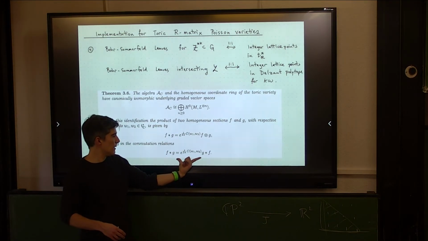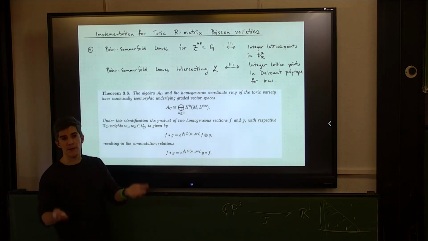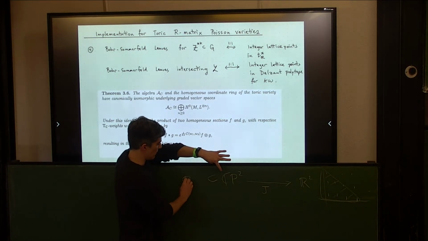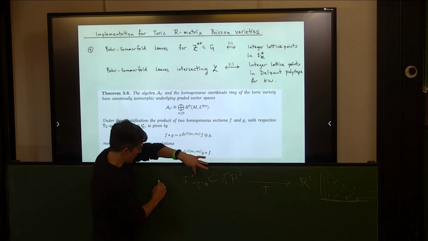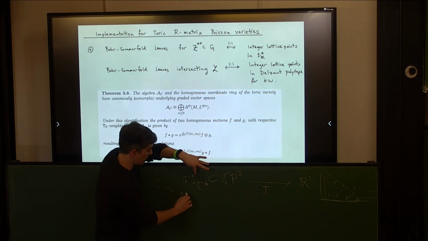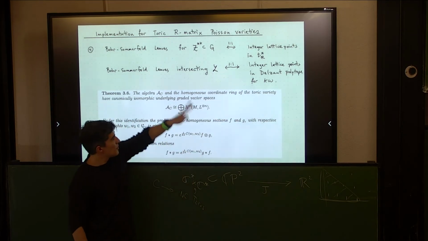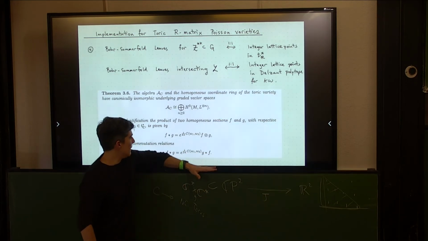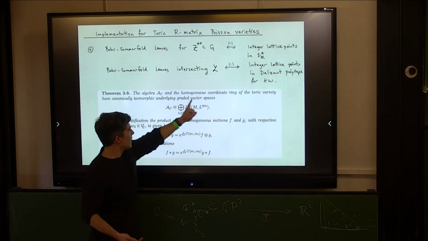So what does this look like? It looks like the non-commutative torus. It's just the non-commutative torus, but it's a compactification of it. The point is that CP2 is a toric variety. It contains a torus, C star and C star. The R matrix gives a non-commutative torus structure on C star cross C star, but this procedure compactifies this thing to CP2, and we get something like a non-commutative torus algebra, but on this vector space.